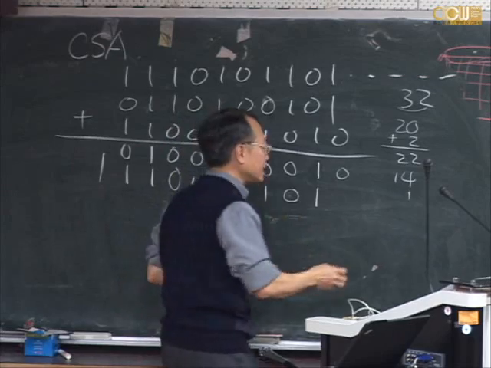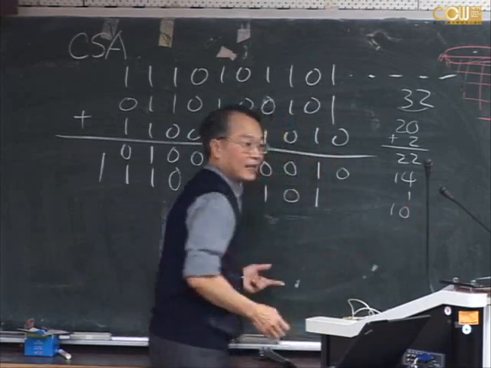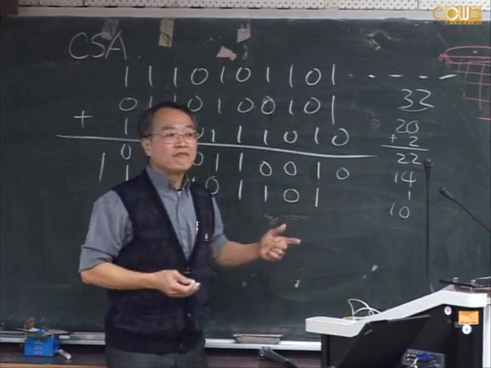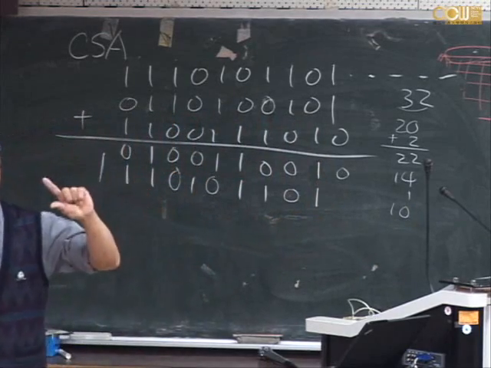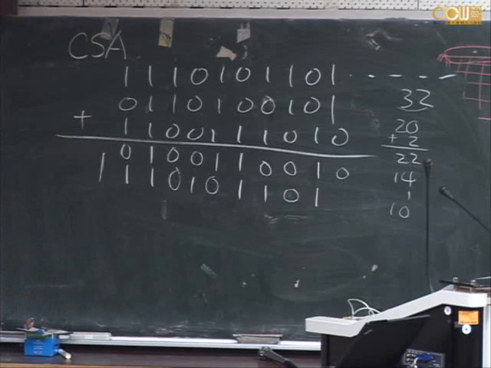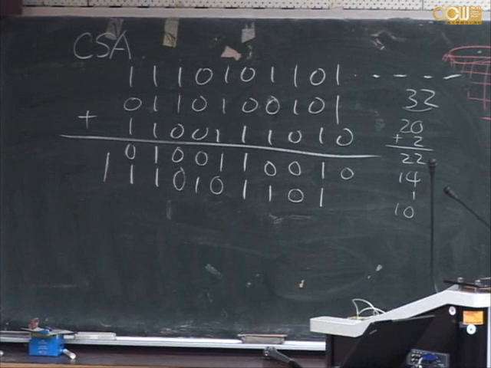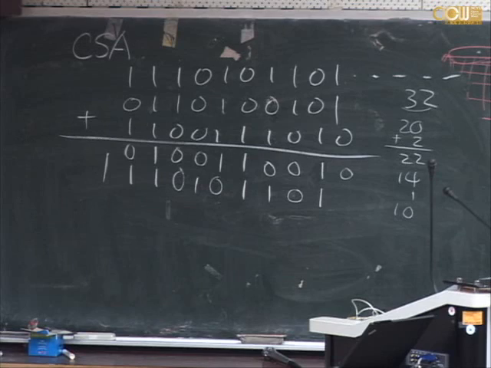After another gate delay, I have 10 left. After a few gate delays, eventually I have only 2 operands left. And for the last 2 operands, I do real addition. So I have only 1 real add, plus only a few gate delays to shrink the size of the operands.